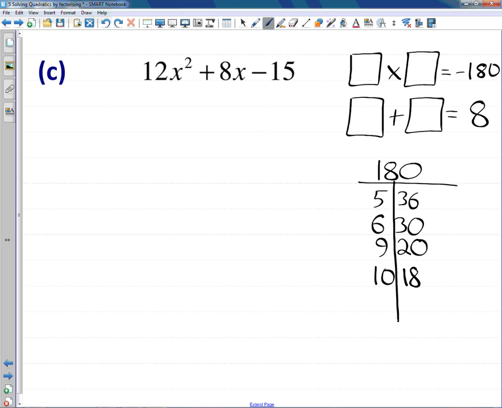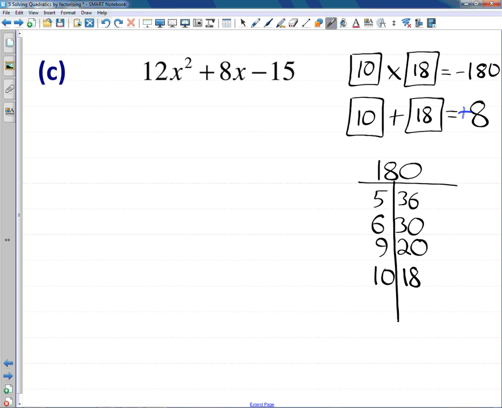10 and 18 could give the 8. So let's just try these. Let's just put them in. Don't worry about the sign yet. And we need it to be a positive 8. But at the moment, we're getting 28.